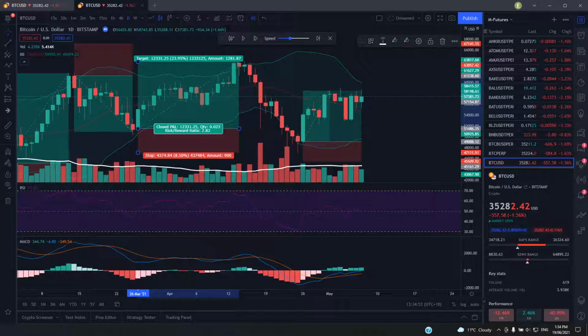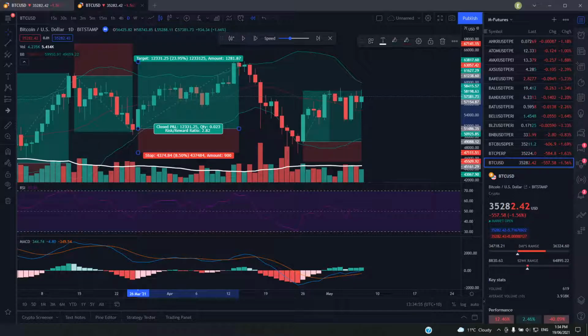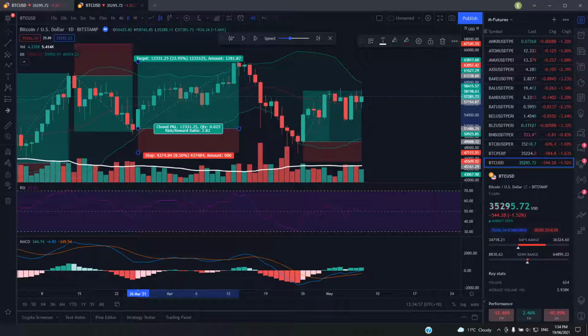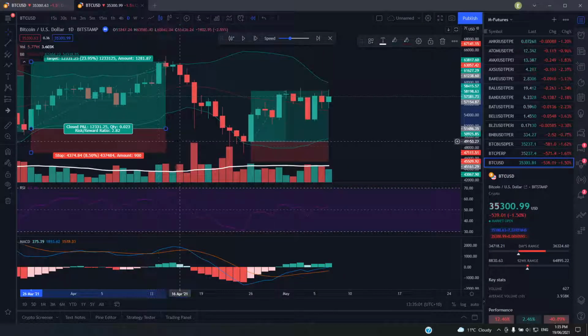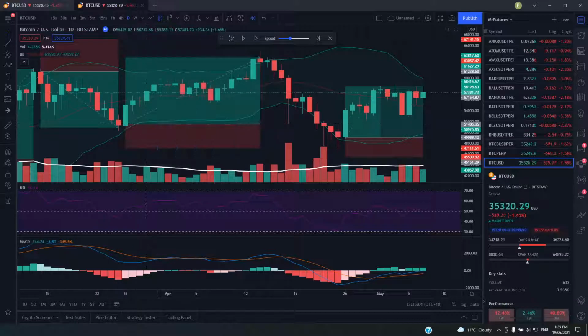So yeah, buying a long position, ensure a type of reversal candle is in place when price is in downtrend on the lower band of the Bollinger Band indicator. So we had that reversal candle.